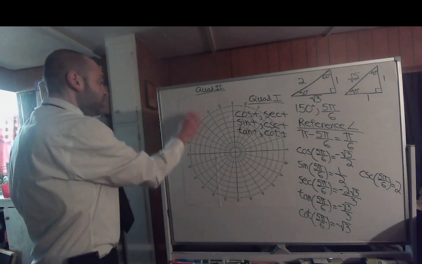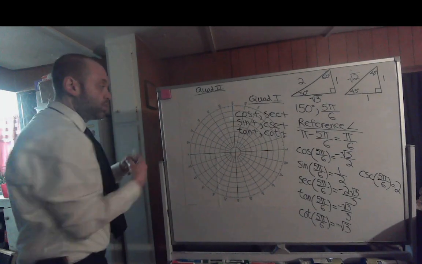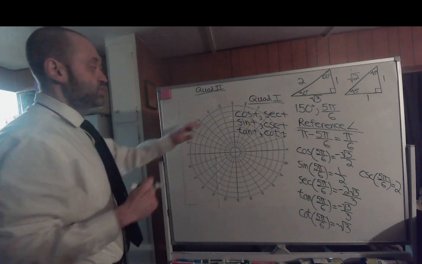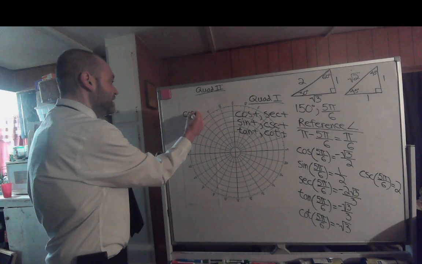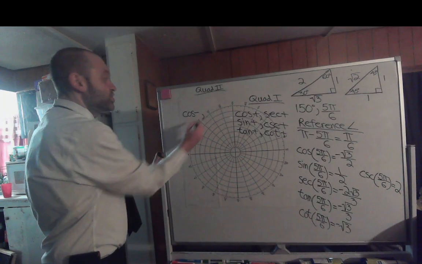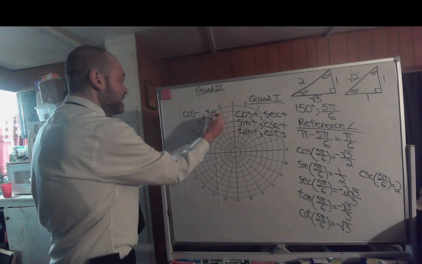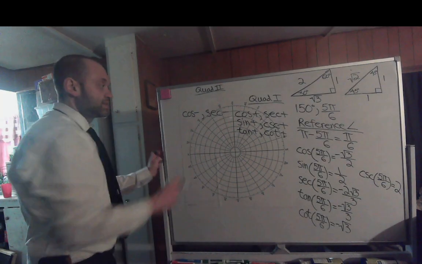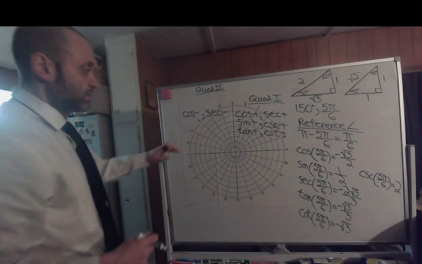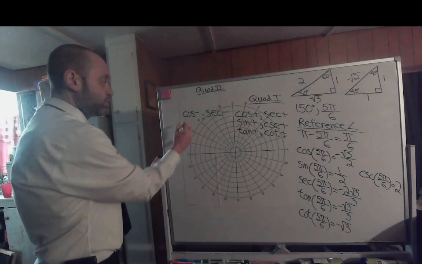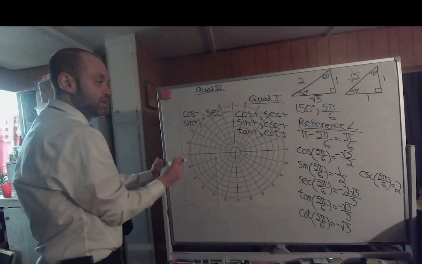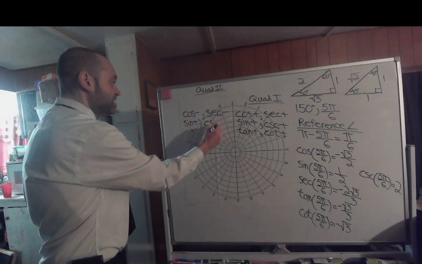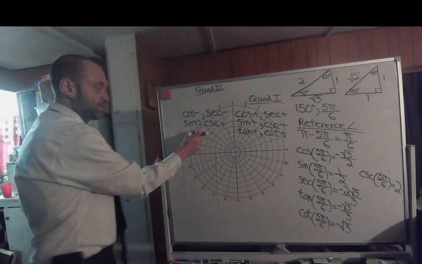So we've now covered the second quadrant completely. Since your x-coordinate's negative, that means your cosine will be negative, which also means your secant has to be negative, right? Because that's the reciprocal of cosine. But your y-coordinate's positive, which means your sine is still positive, which means your cosecant has to be positive, since that's the reciprocal of sine.